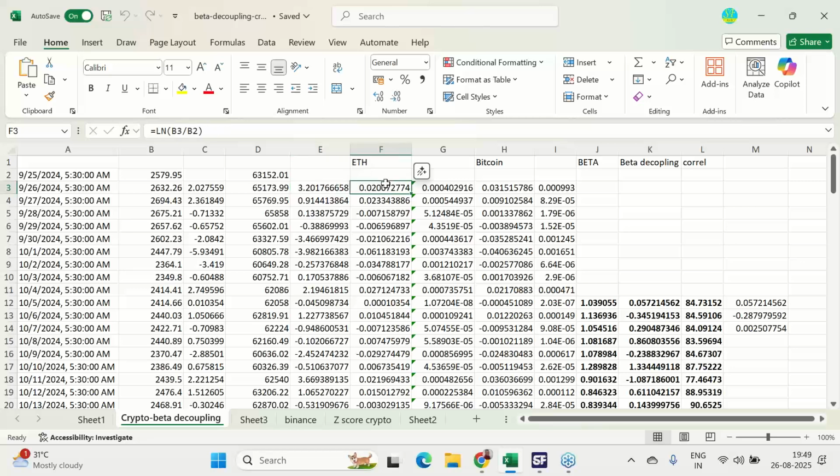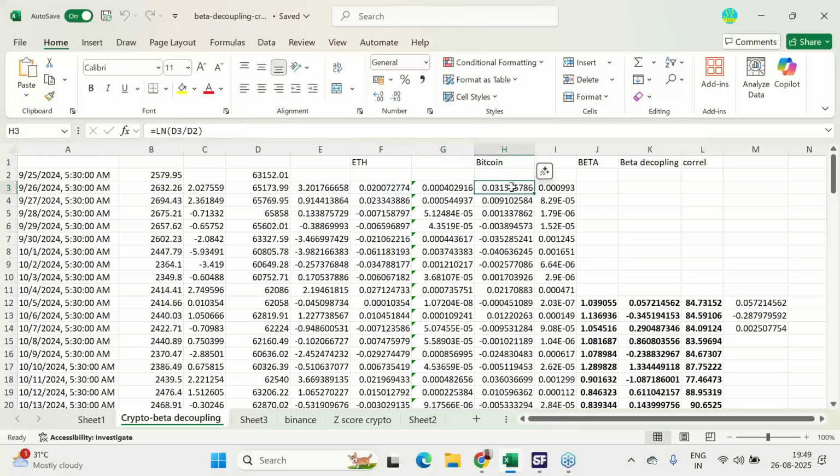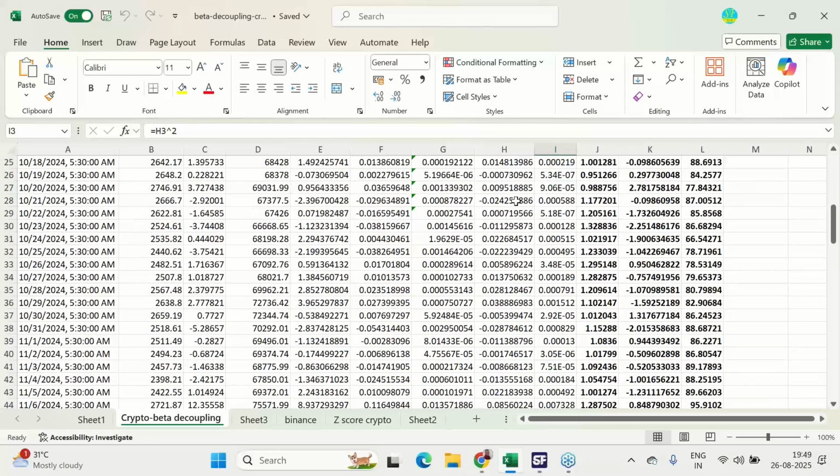After that, we'll be taking the ln parameter of current minus previous, and here too we'll be taking the ln parameter and ln square. For Bitcoin also, in the same way, ln and ln square we'll take. Why are we taking this ln and ln square?